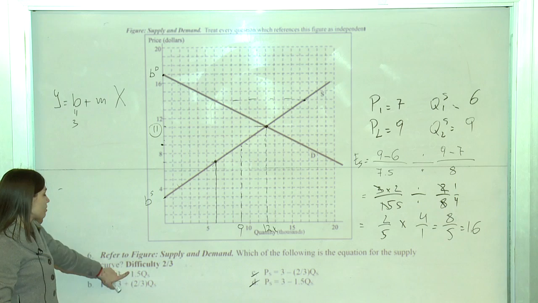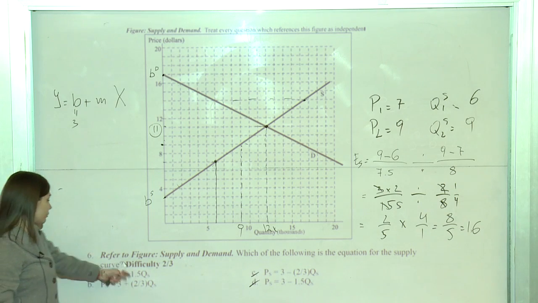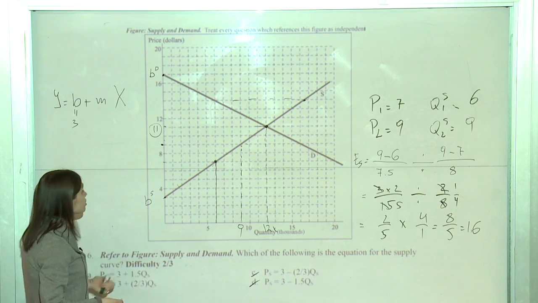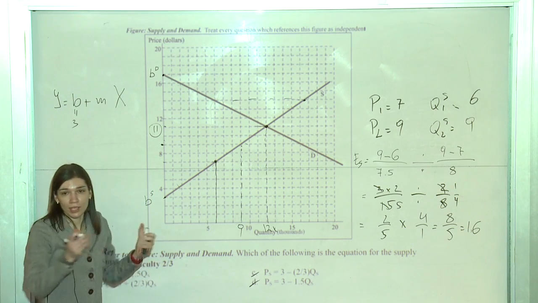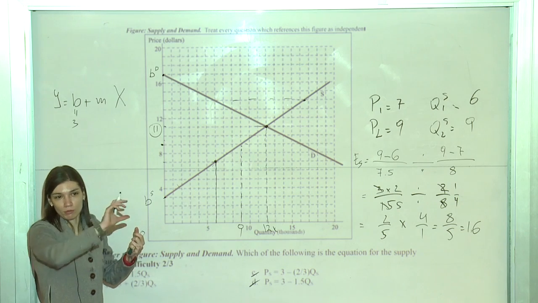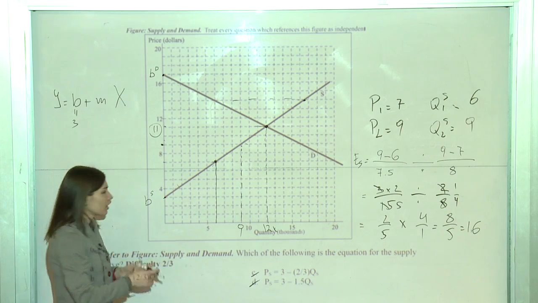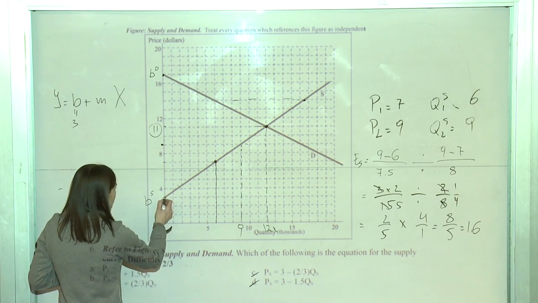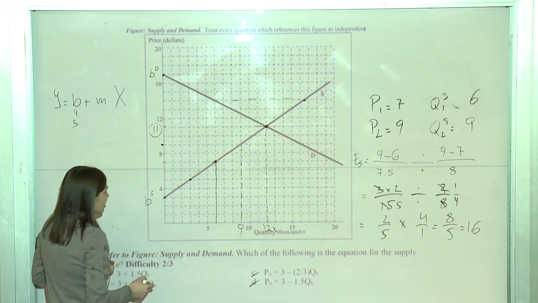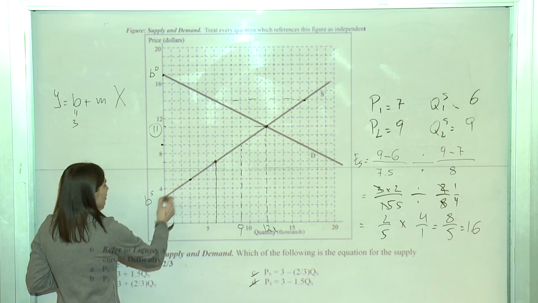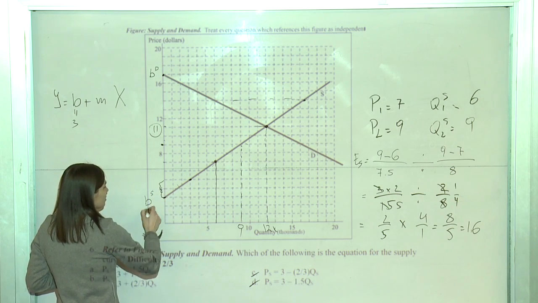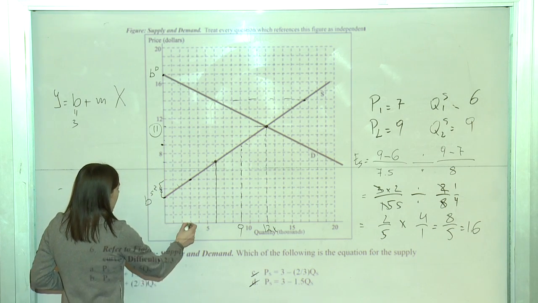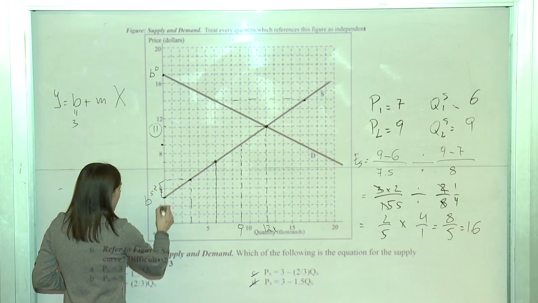Now the question becomes, is the slope of the supply curve 3 over 2 or 2 over 3? To find the slope of any line, you can pick any 2 points and look at the rise over the run. Just pick 2 that look nice, like this one and that one. From here to there, the rise is 2, and the run is 3.